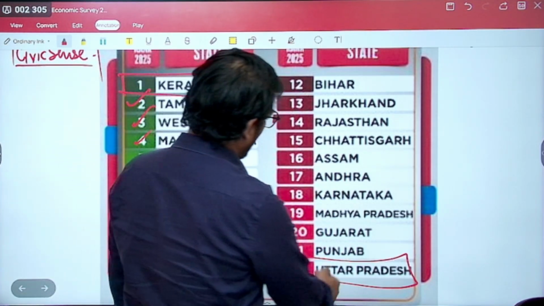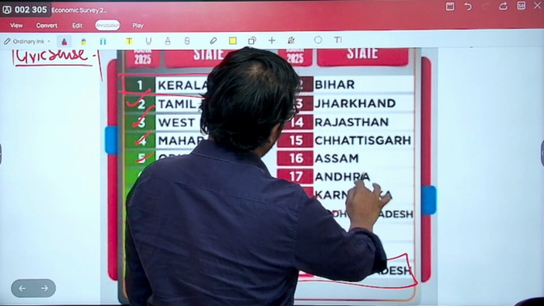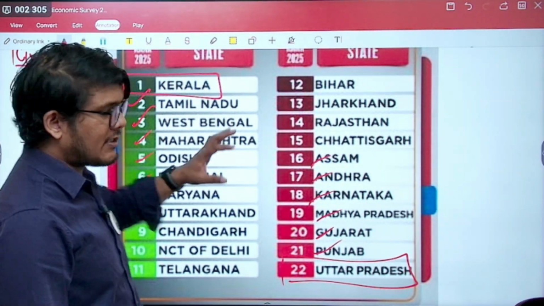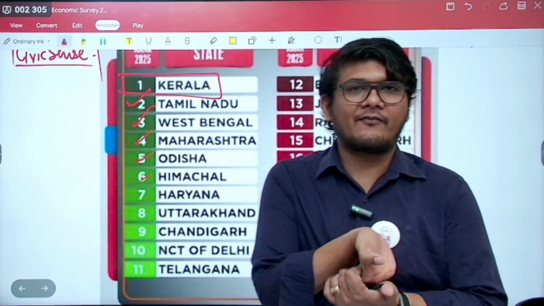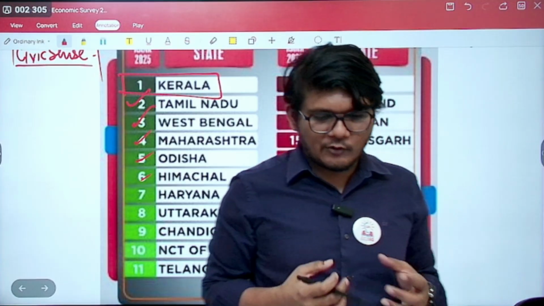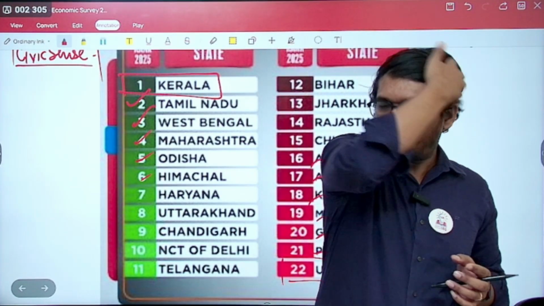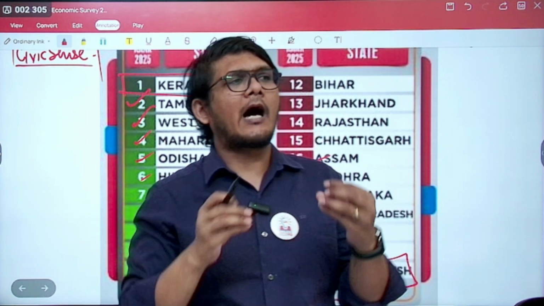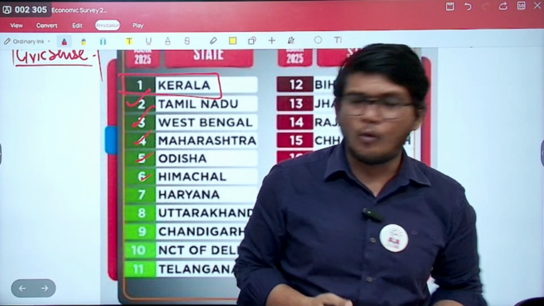And here you have Uttar Pradesh, Punjab, Gujarat, Madhya Pradesh, Karnataka, Andhra, Assam, so on and so forth. This is the civic sense survey that was conducted, in which questions were asked to the people and their responses were taken. For example, people were asked that is it okay to throw the garbage or litter the garbage in the open?